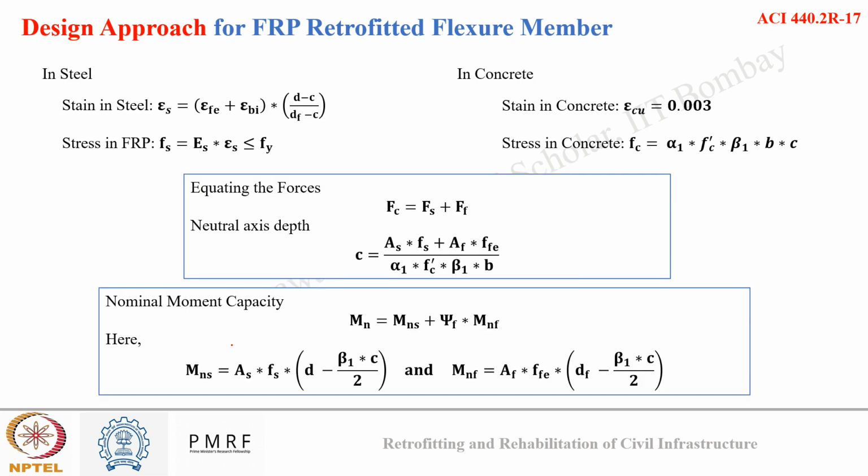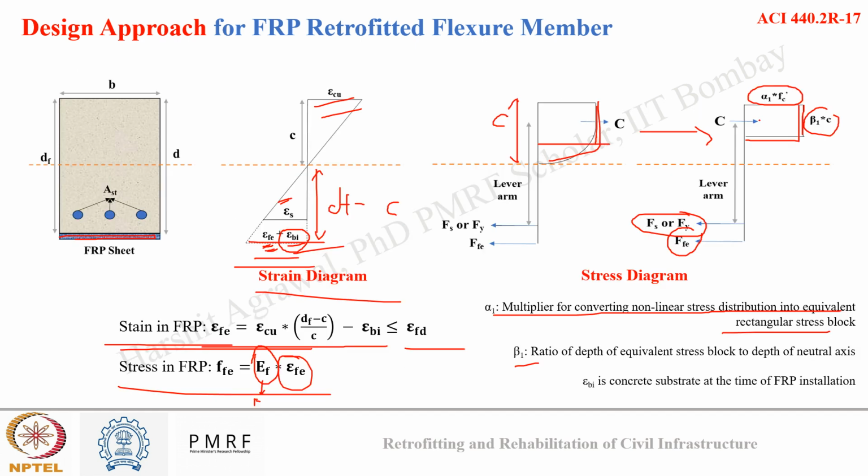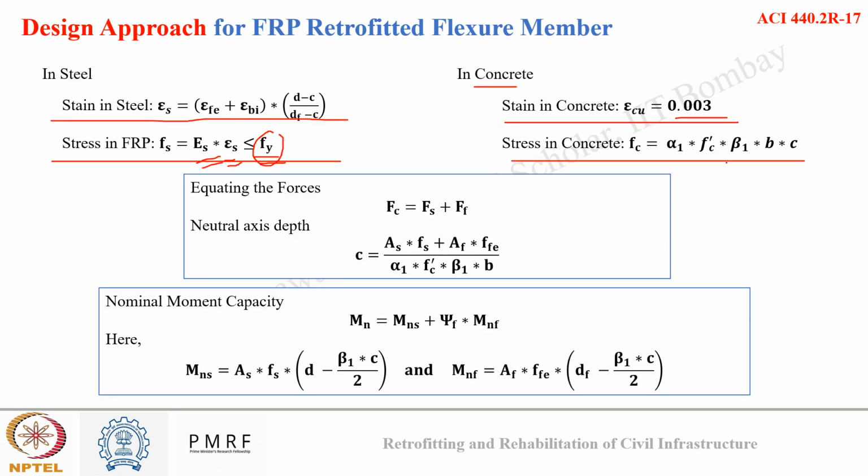Similarly, for steel also we can determine the stress and strain equations. The strain in steel will again be determined by the similar triangle concept, and stress can be written as modulus of elasticity times strain. This should be less than fy, because this is the yield strength of steel. In concrete also, epsilon cu is fixed for us, and the stress in concrete can be determined by this stress block: length times breadth times fck gives me the force in the concrete.